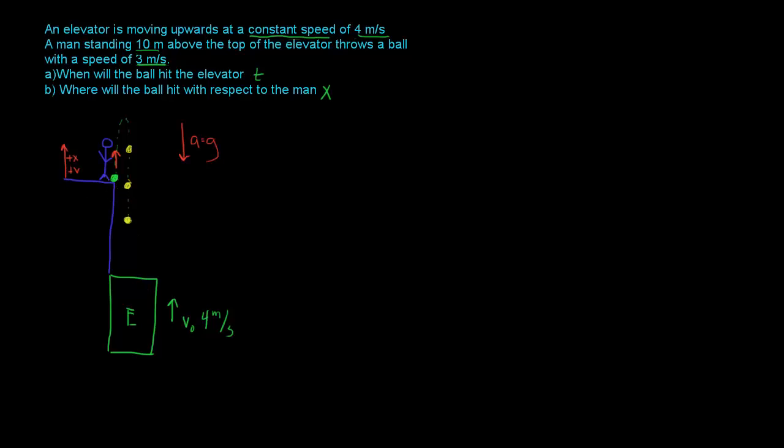We are also going to call the ledge that the man is standing on our 0 position, so x is equal to 0. That means the top of the elevator is located at a position x is equal to minus 10 meters.